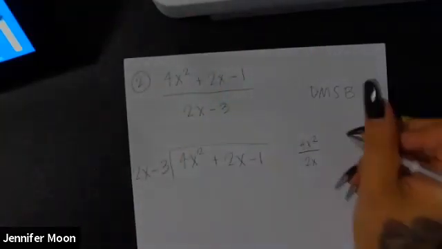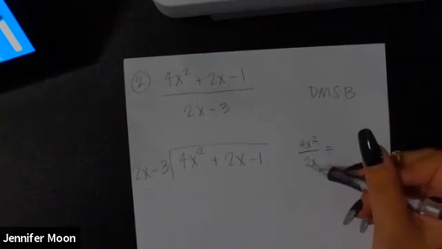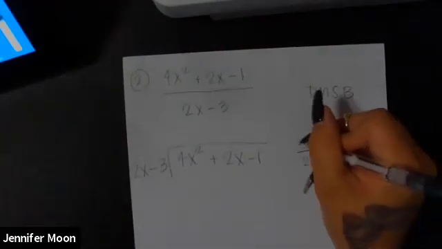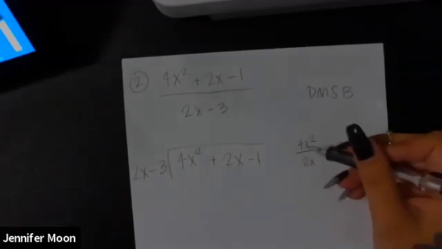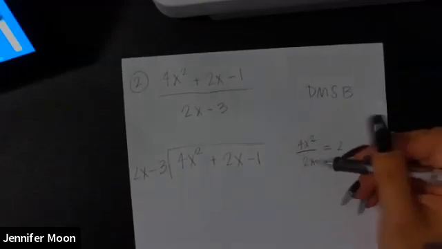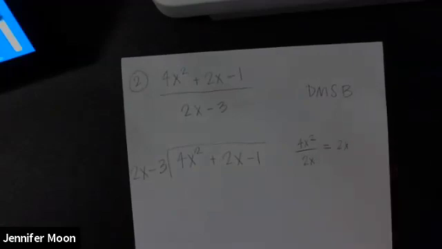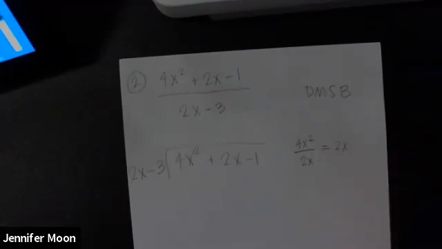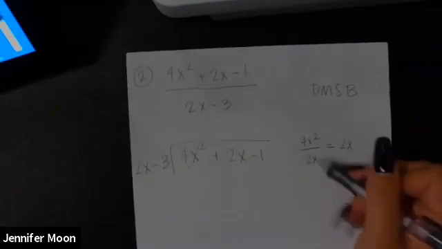They have to be all like terms. So y'all, if you do 4 divided by 2, you just get a whole number 2, right? So it's no longer in like a little fraction. And then if you do x squared divided by x, when you divide variables, you keep and subtract. 2 minus 1 is just 1. This is the quotient from dividing these two terms.